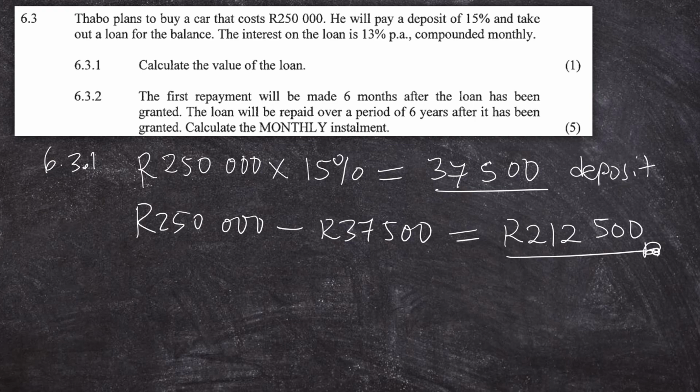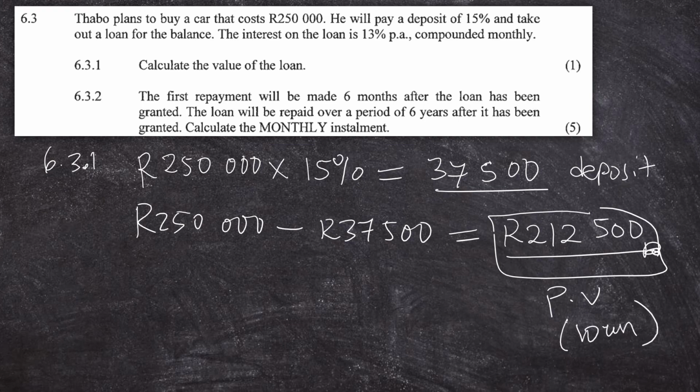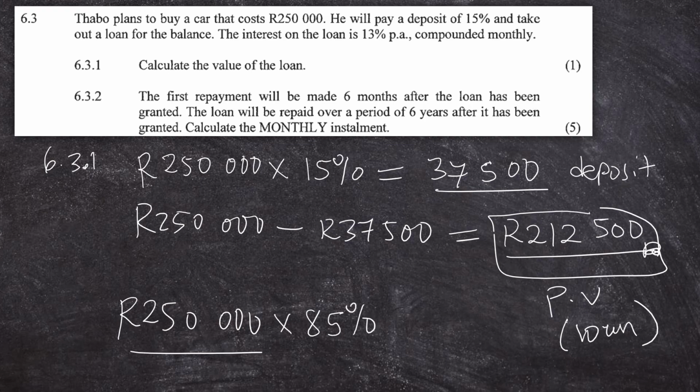Okay, so this is the value of the loan that he is going to take, the present value. Someone might choose to say, okay, we do know that 15% went to the deposit. It means that the loan will be only 85% of this amount. In a way, we say 100 minus 15, which is 85.